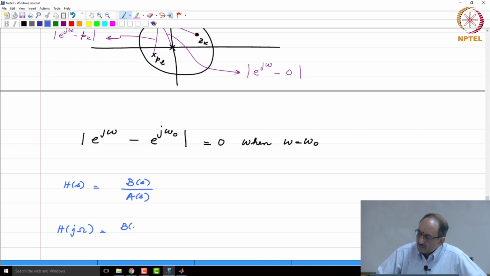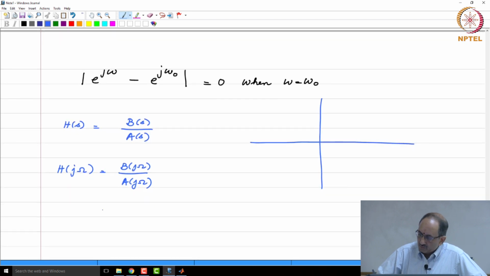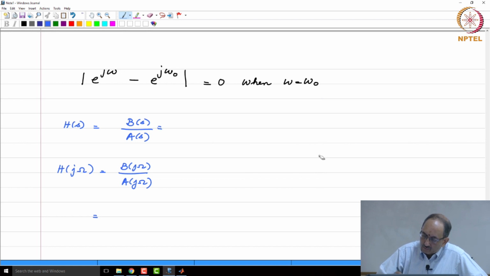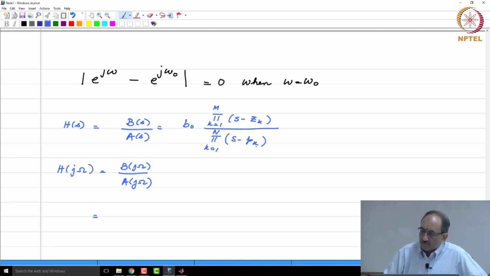So this is nothing but B of j omega over A of j omega, and this in turn can be written as some general gain times the product of k going from 1 to capital M of s minus z_k, divided by the product of k going from 1 to capital N of s minus p_k.